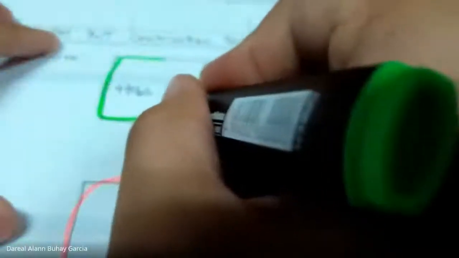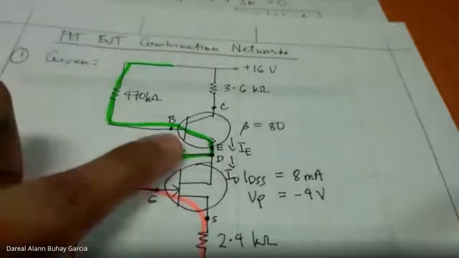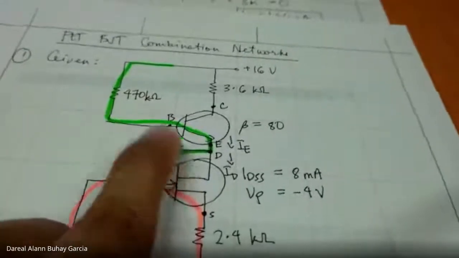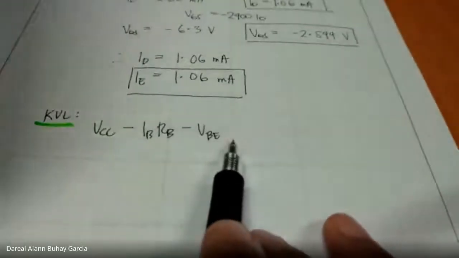We do KVL here: VCC minus IB RB minus VBE minus VD. It's grounded. KVL here: VCC minus IB RB minus VBE, and supposedly minus VBE here too, and since BE is BD, minus VD, equal to 0.